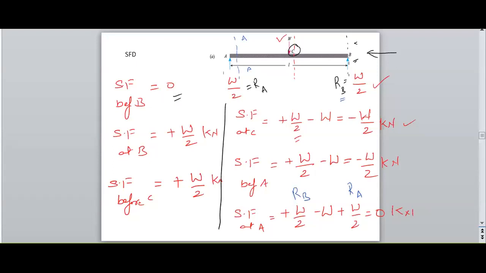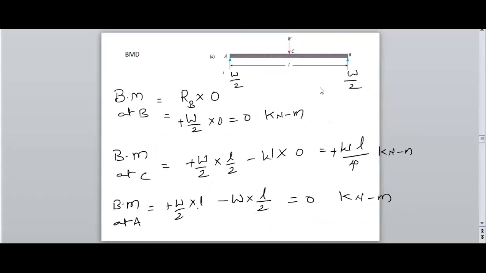Next, I need to find the bending moments at each and every point. So how to find the bending moment? The bending moment is nothing but force into perpendicular distance. So here, for the bending moment, again I am moving from the right hand side to the left hand side.